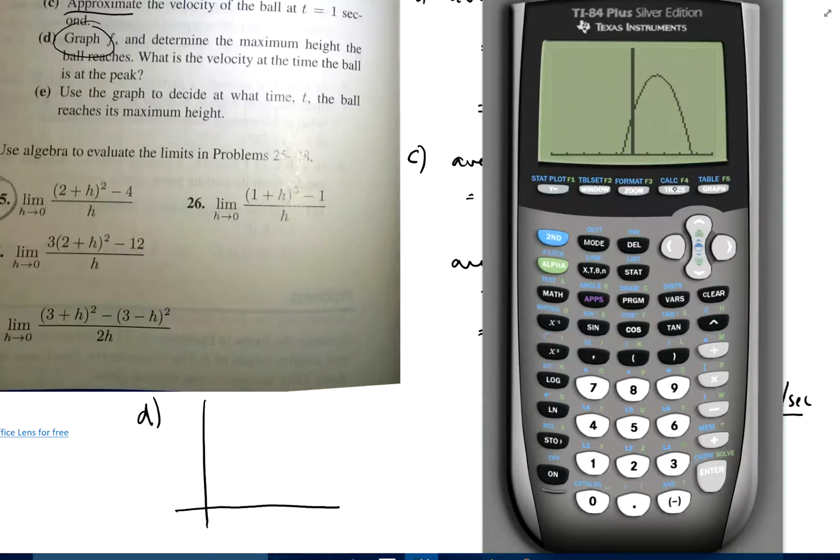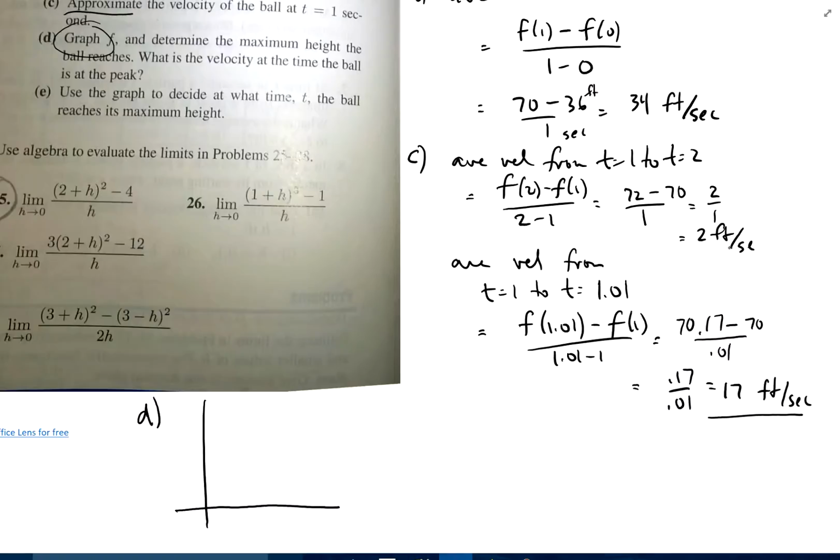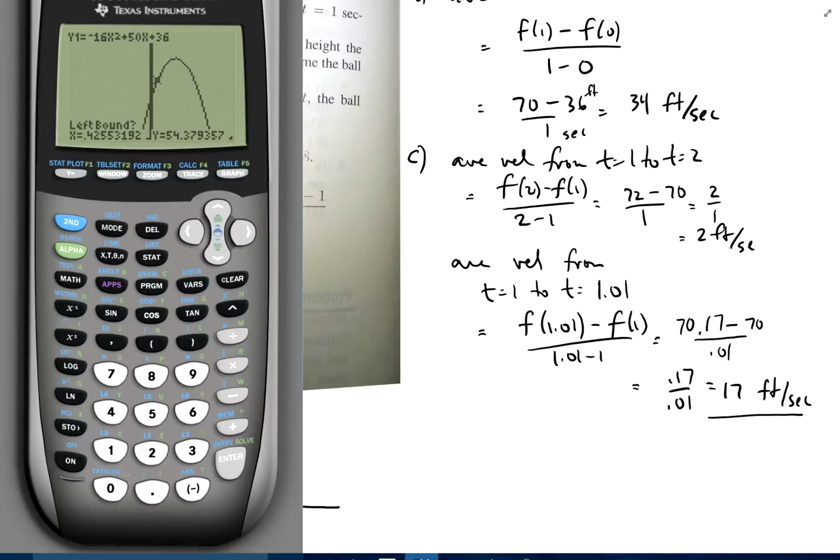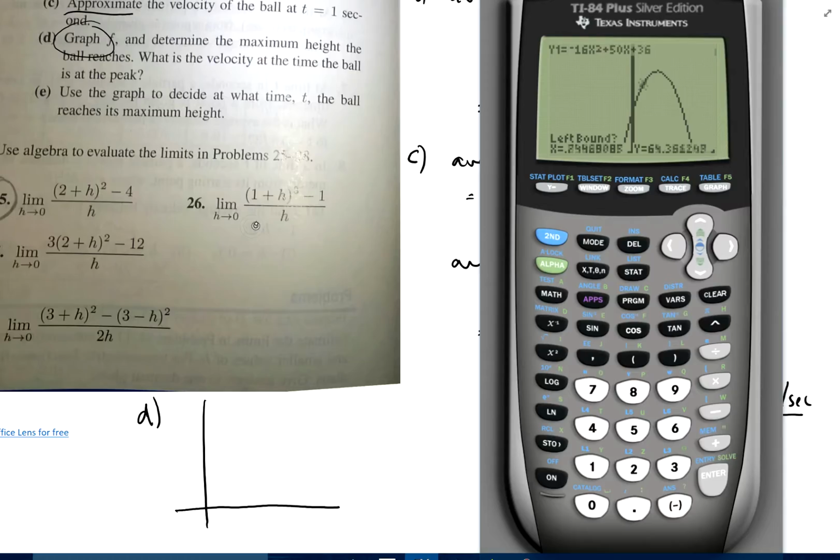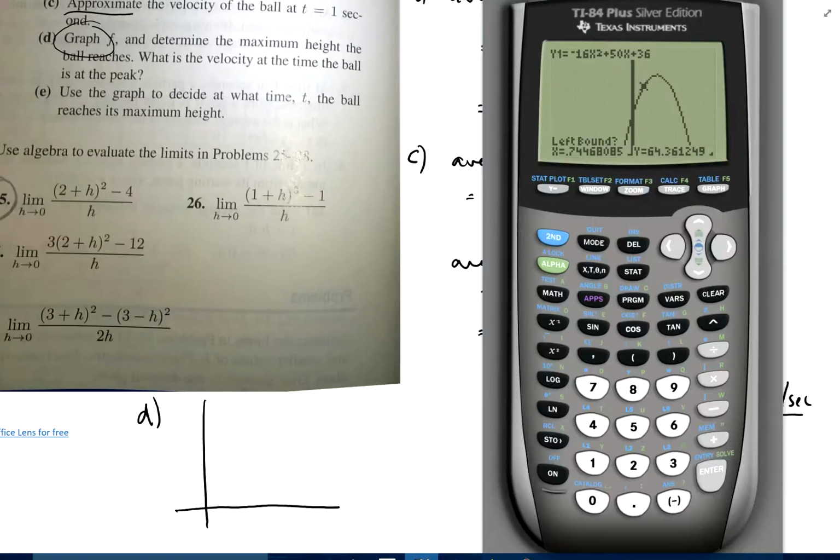And the nice thing is, our calculator, if we do second calc, actually finds the maximum value. And it says left bound, so I'm going to go to the left of what I think is a maximum. Enter.